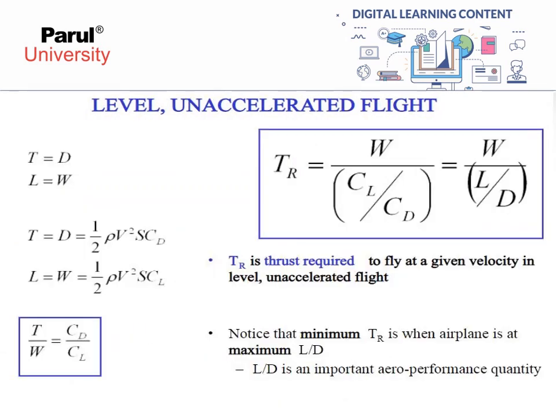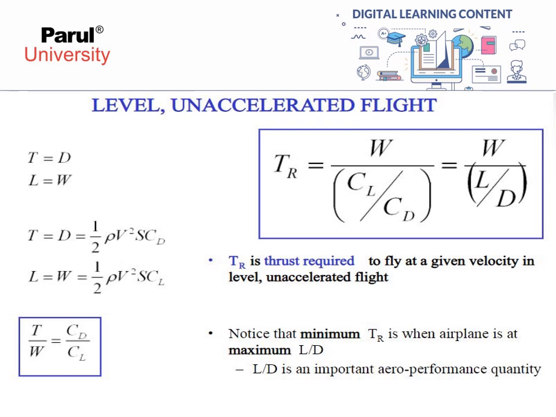Now, in level unaccelerated flight, T equals drag and lift equals weight. T equals drag equals 1 upon 2 rho v squared S into CD, and lift equals W equals 1 upon 2 rho v squared S into CL. Now, after dividing these two equations, T by W is equal to CD by CL. What does it mean?